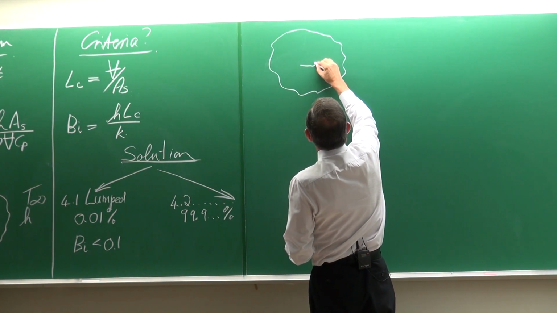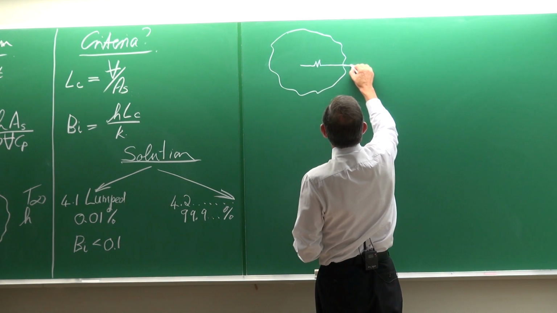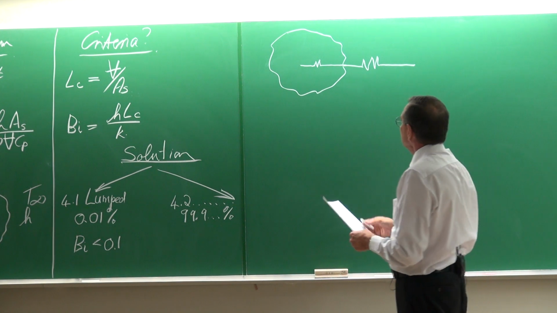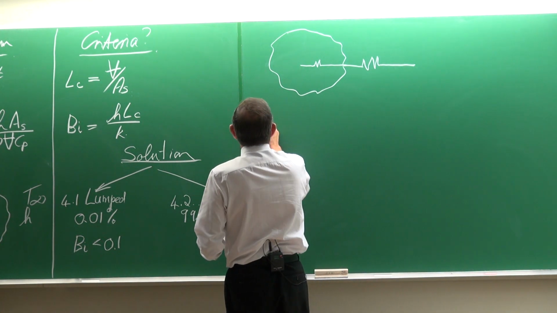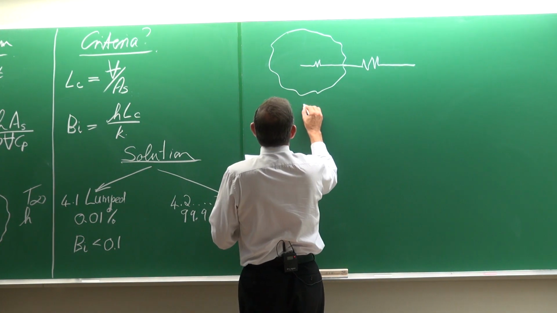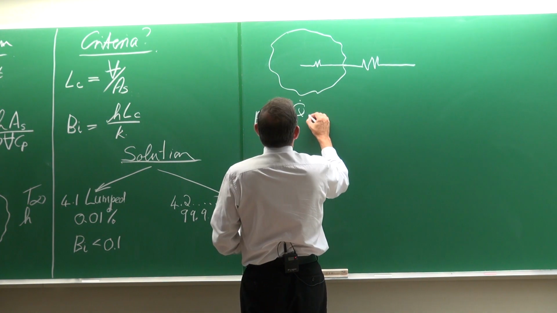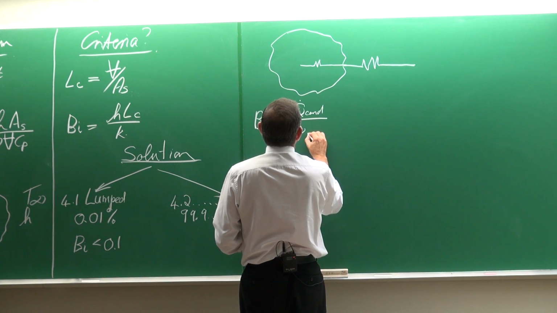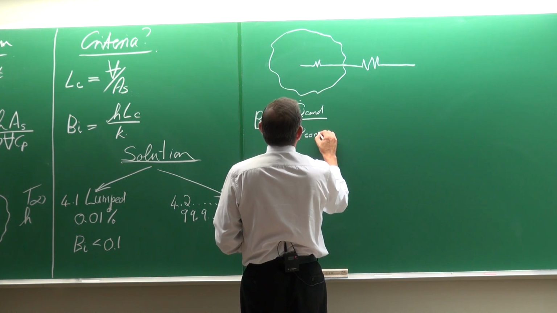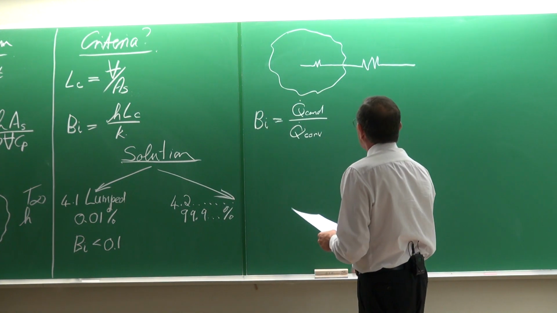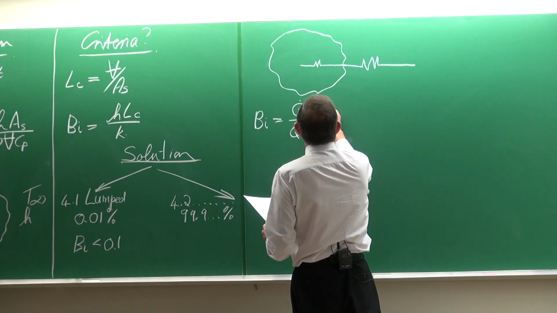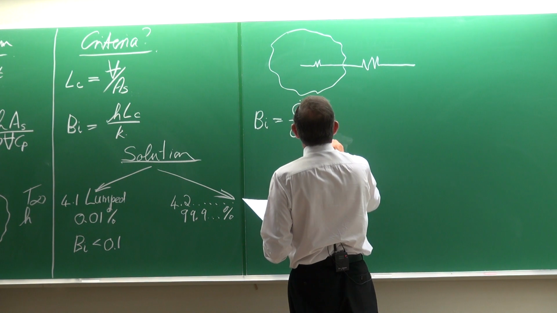The reason for this is if we look at this body, then in principle there's a conduction resistance and there is a convective resistance. And the Biot number, by definition, is the heat transfer rate of the convection divided by the heat transfer rate of the conduction. Convection divided by conduction.